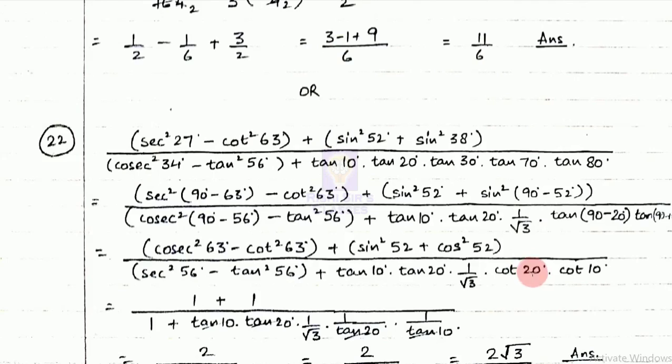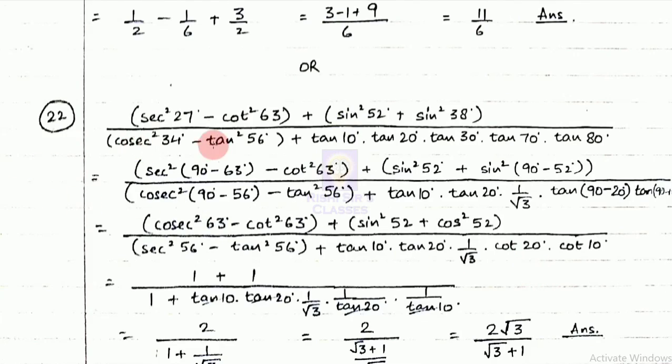There is a choice in this question. Sec square 27 minus cot square 63 plus sin square 52 plus sin square 38 upon cosec square 34 minus tan square 56 plus tan 10, tan 20, tan 30, tan 70 and tan 80.